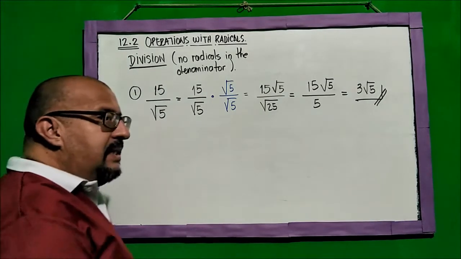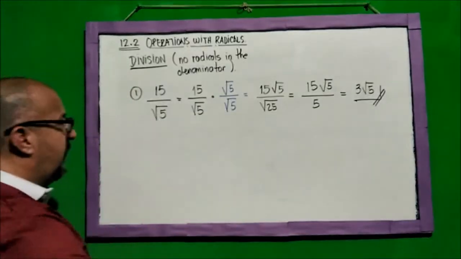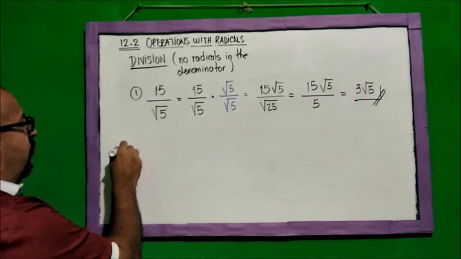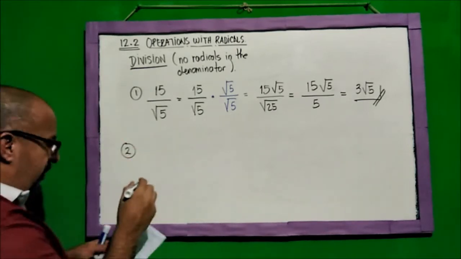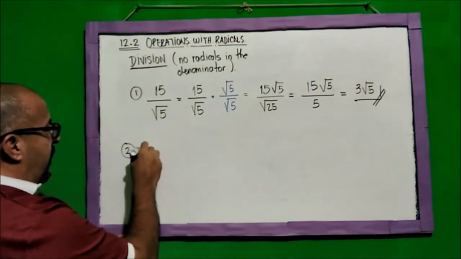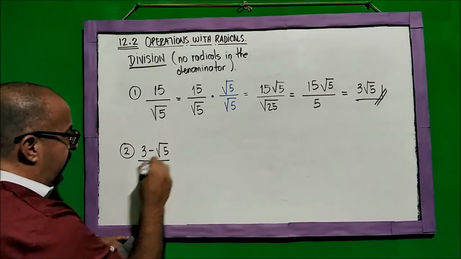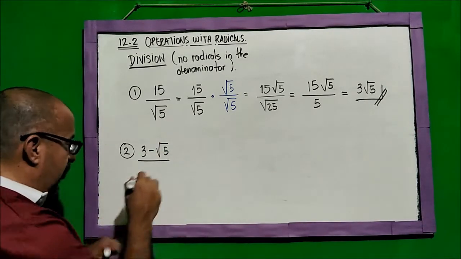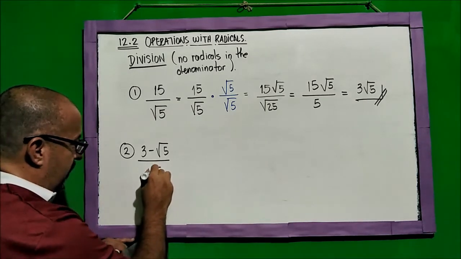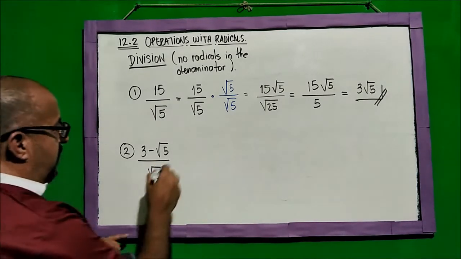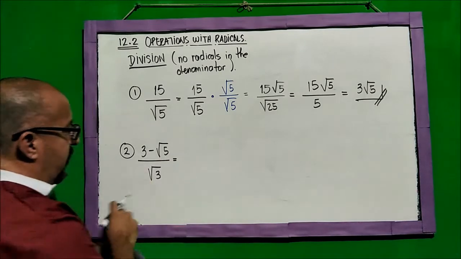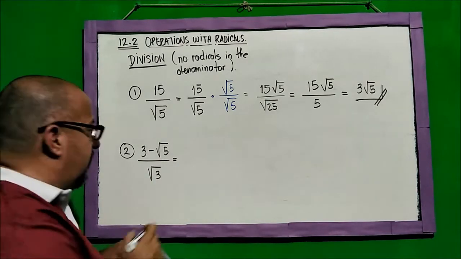Now let's analyze a second problem. The second problem involves a binomial in the numerator. We're going to have 3 minus the square root of 5 divided by the square root of 3. Again, you see that the expression is divided by a radical number.